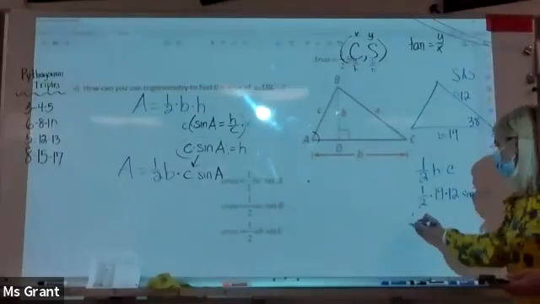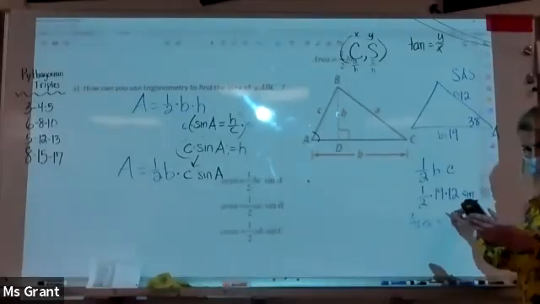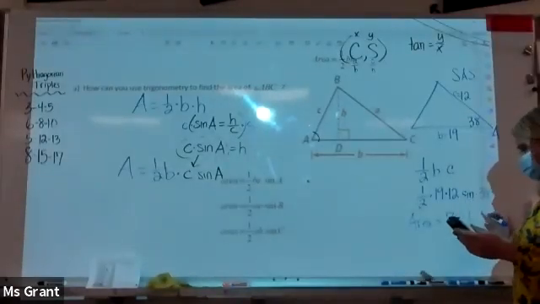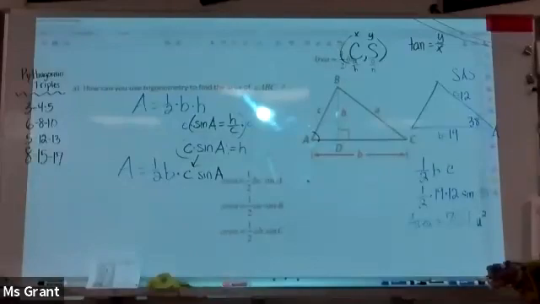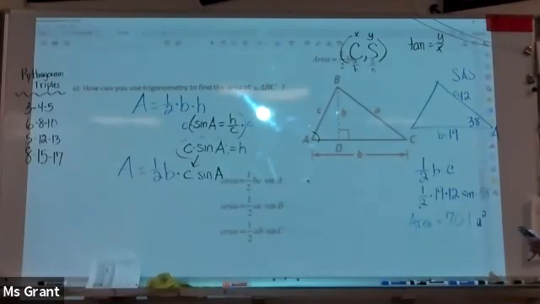The area is 70.1 units squared. I don't know if it's feet or inches, whatever, units squared. Right?